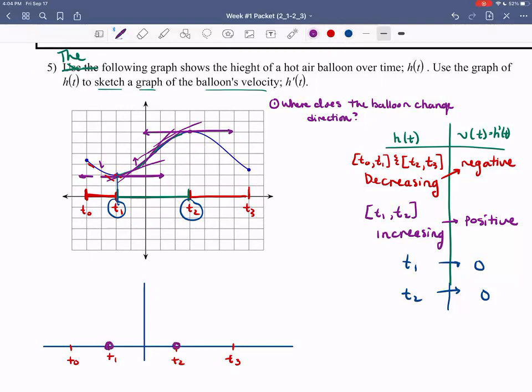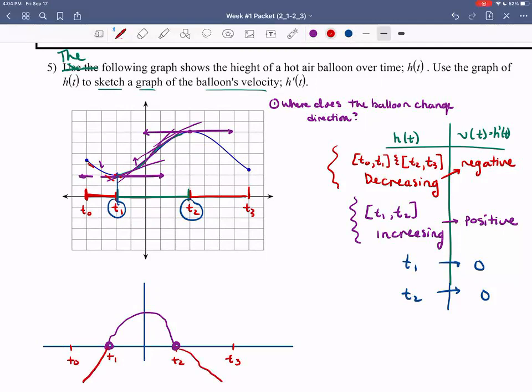At t2, our derivative is 0. On the interval, as we already noticed, from t1 to t2, our derivative is positive. So it looks something like that, somewhere in the positive side of our vertical axis. And then on these intervals where our height function is decreasing, our derivative would be negative. So somewhere down here.